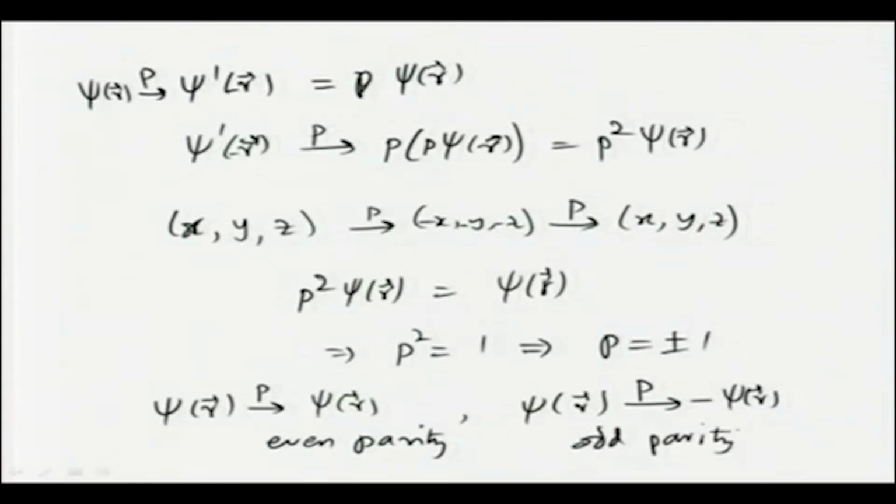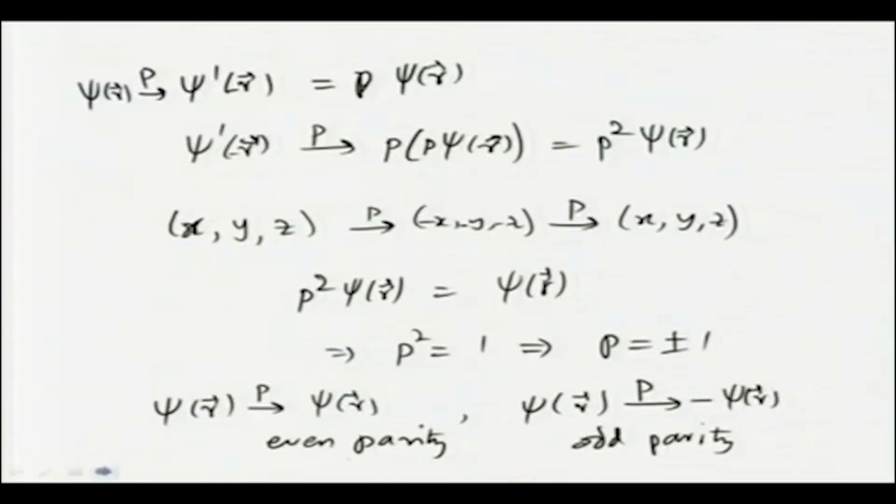Say, for example, for the deuteron under parity, if the wave function remains the same, then it is an even parity wave function, and the parity of the deuteron is called even; otherwise we say that the deuteron has odd parity. And then again, experimentally we can find out what the parity of the deuteron is.